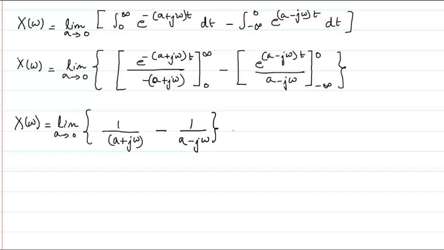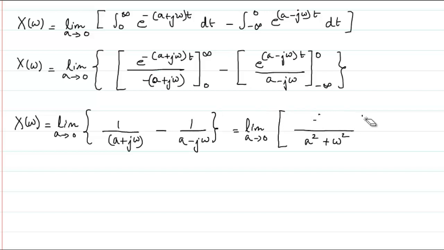correct, which can now be simply written as limit a tending towards 0, and now we are having the x minus y into x plus y scenario, so it is going to be x square, which is a square minus of j omega square, so j square will be another minus, so this will be plus omega square, and then in the numerator I will have a minus j omega, a minus j omega minus of a minus of j omega, from which you can see that minus a and a will cancel, and only one minus 2j omega will remain.